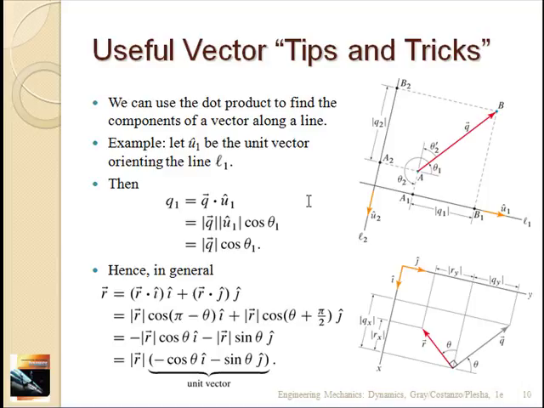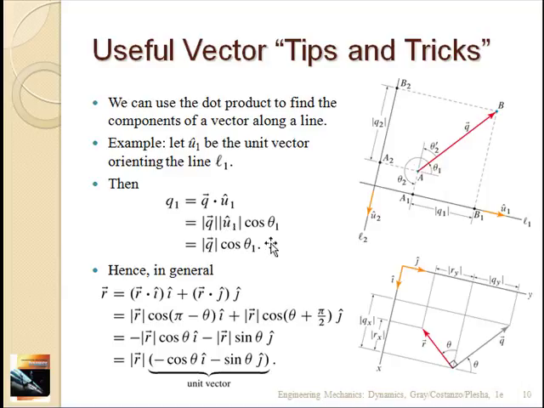Quick tip: if I have a unit vector in the one direction and a unit vector in the two direction, and I have some vector q in that plane, then q dot u1, that is the projection of q along the one axis, is q dot the unit vector in that direction, which is the magnitude of q times the magnitude of u1 times the cosine of the angle between the one direction and that q vector.